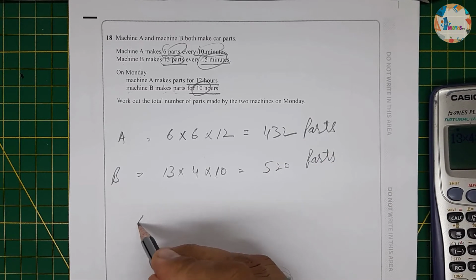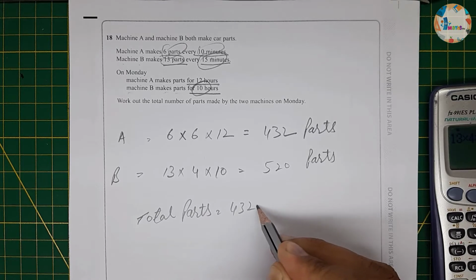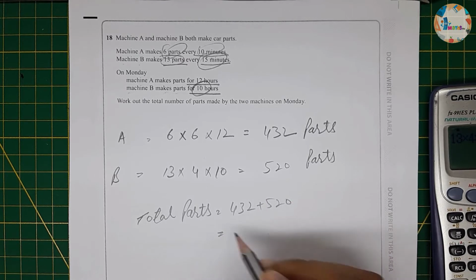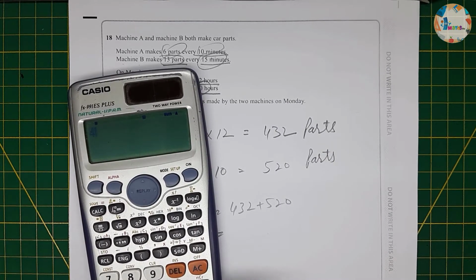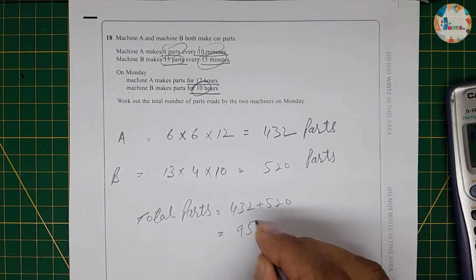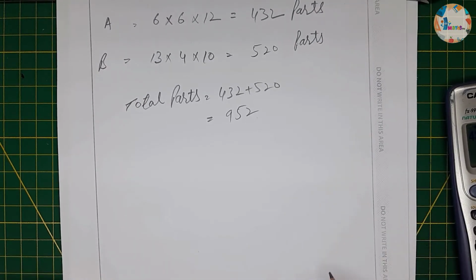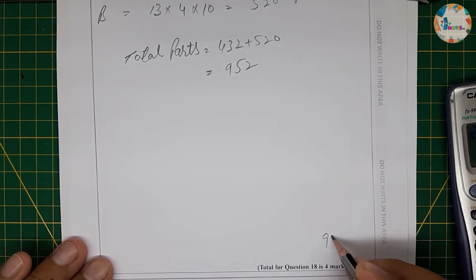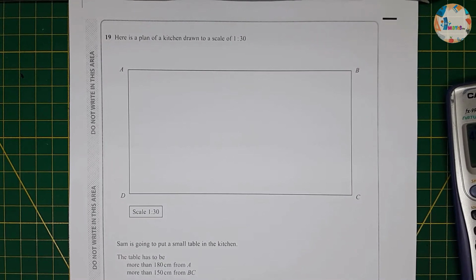So total parts will be equal to 432 plus 520, which will be equal to 952 parts. So 952 parts will be the answer, which we can write over here.